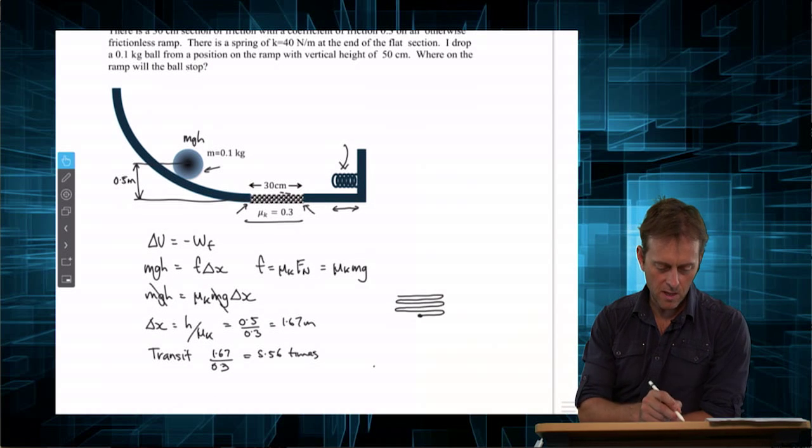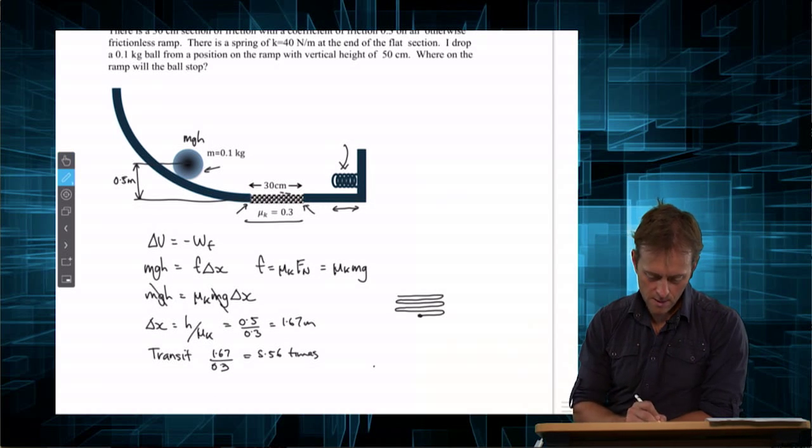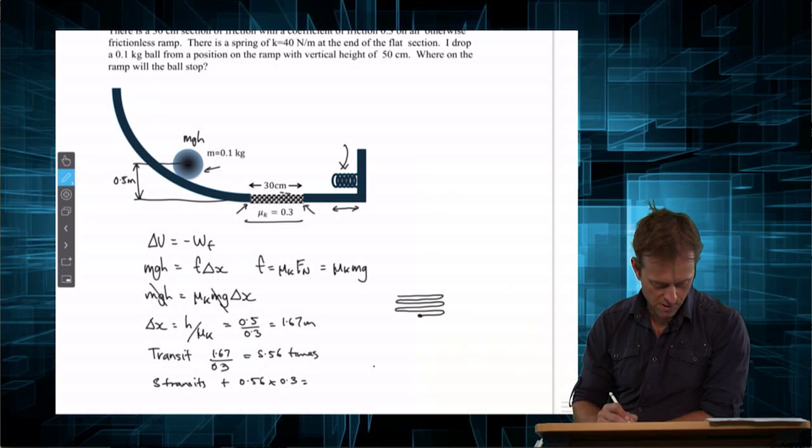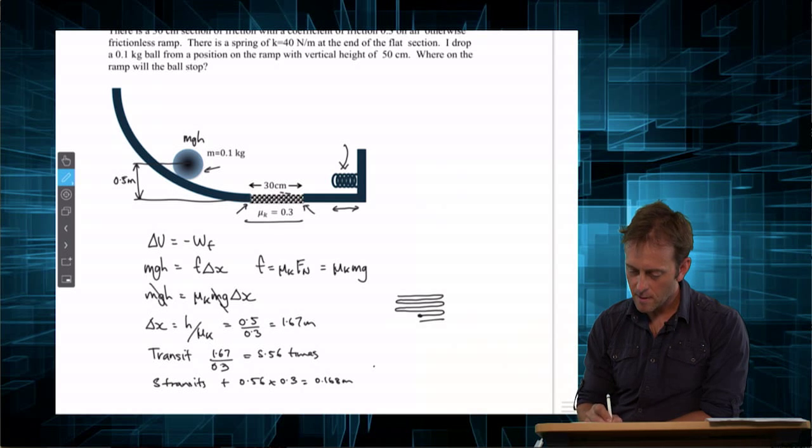So it's 5 transits plus 0.56 times 0.3, which is 0.168 meters. So it's going to end up 0.168 meters, sorry.